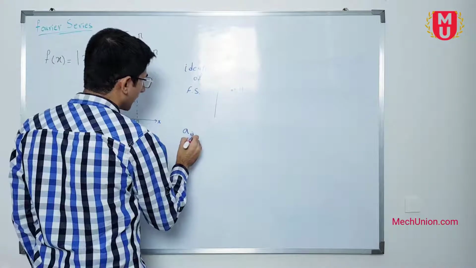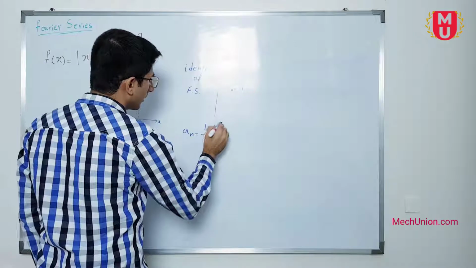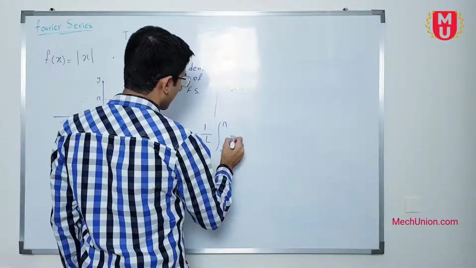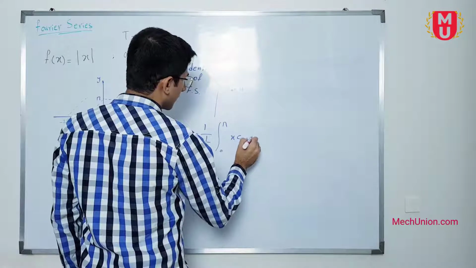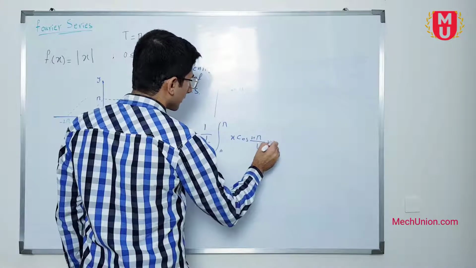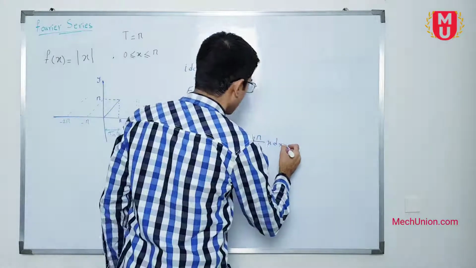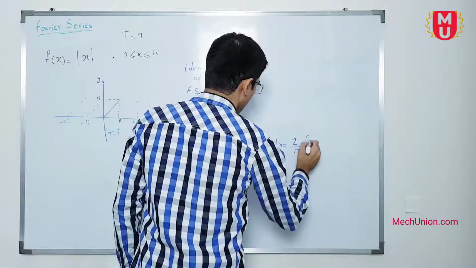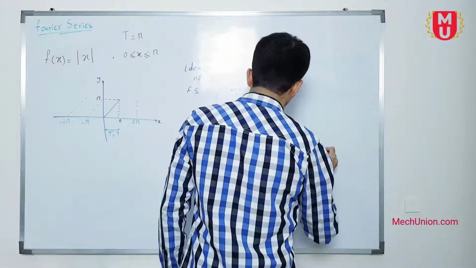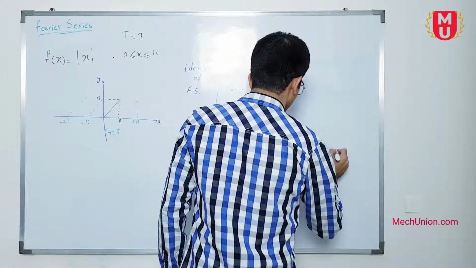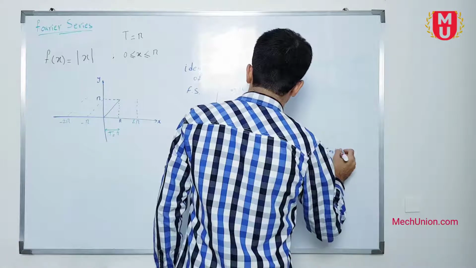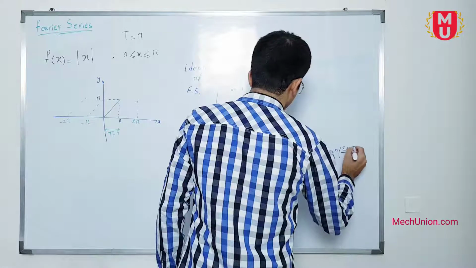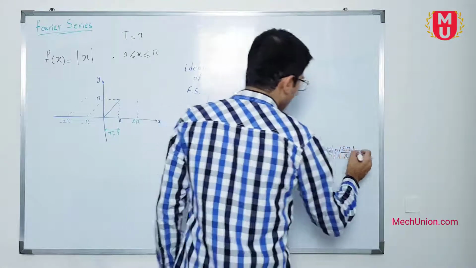Okay. We will solve for a_n, which is 1 over L integral from 0 to pi of x cosine n pi over L x dx, which is 2 over pi integral of x cosine n times 2 pi over pi x dx.